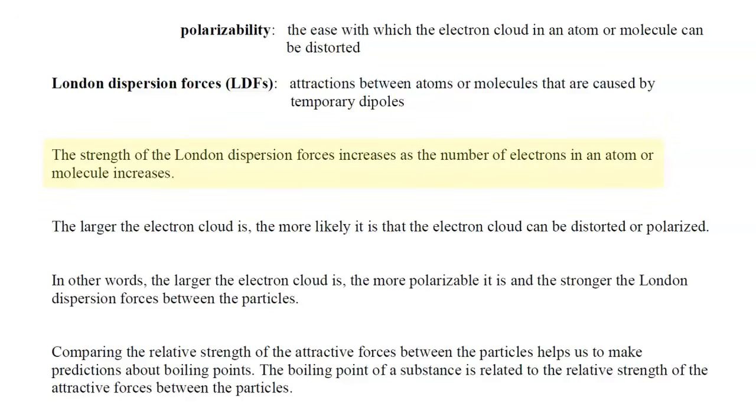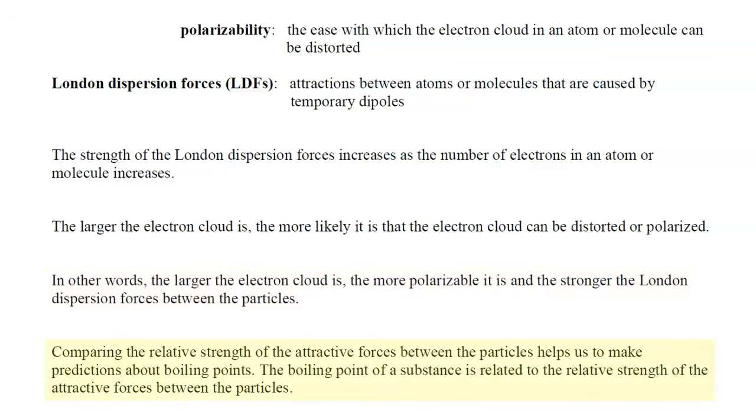The strength of the London dispersion forces increases as the number of electrons in an atom or molecule increases. The larger the electron cloud is, the more likely that it is that the electron cloud can be distorted or polarized. In other words, the larger the electron cloud is, the more polarizable it is, and the stronger the London dispersion forces between the particles.